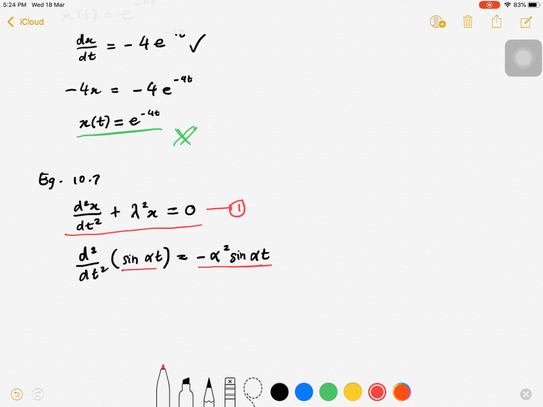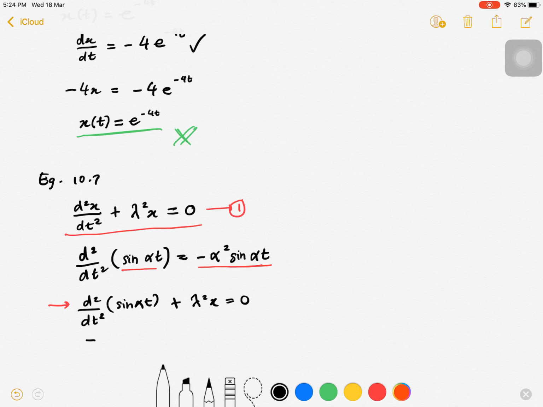So what happen is d2 sine alpha t dt2 plus lambda square x equal to 0.